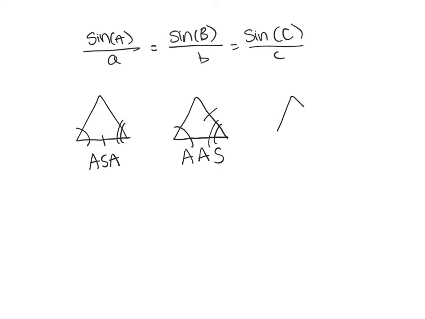And the last scenario is when we're given a side, side, and an angle, or SSA. Now, in two of these situations, it's pretty straightforward. For angle, side, angle, no matter what, you're only going to have one solution, or make one triangle. The same can be said for angle, angle, side.